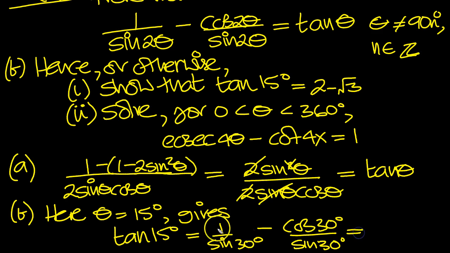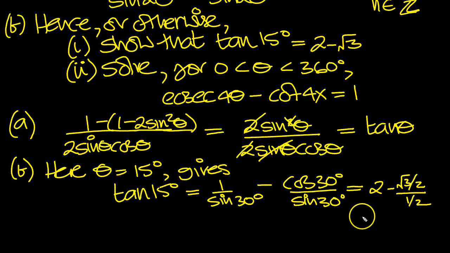So this is equal to 1 over a half, which is 2. This is root 3 over 2. Root 3 over 2 divided by the half turns out to be root 3, doesn't it? So that equals 2 minus root 3, which is what we wanted to show.